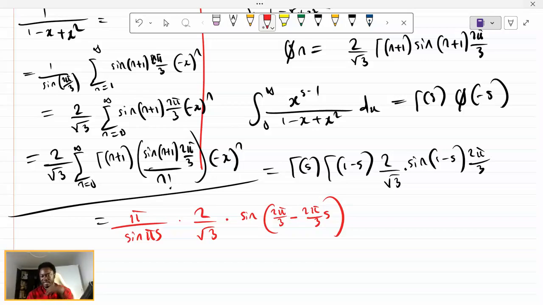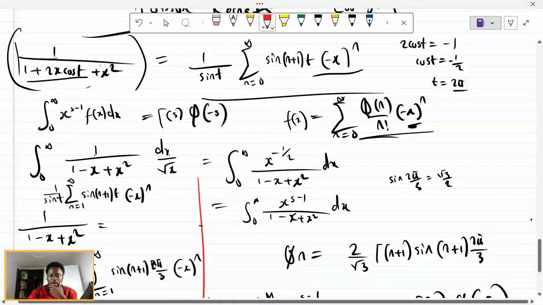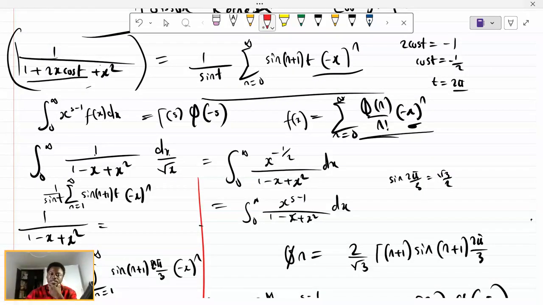So first of all, let's simplify this depending on the value of s. What is the value of s? Let's find the value of s. We have a negative half, so we want s minus 1 to be negative half. So basically s would be 1 minus half, which is 1 over 2. So s here is half.